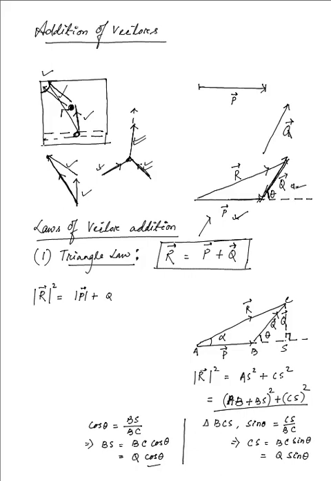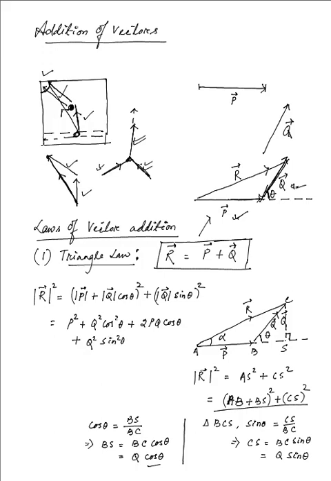So Q, the magnitude of Q times cos theta, squared entirely, plus the CS term, that is Q sine theta squared. So what we have over here is P squared. We can get rid of the vector and the modulus notation now. P squared plus Q squared cos squared theta plus 2PQ cos theta plus Q squared sine squared theta.